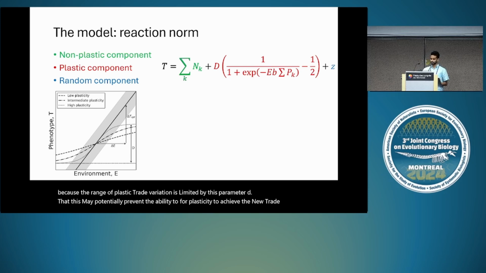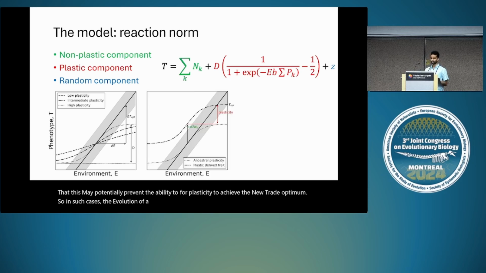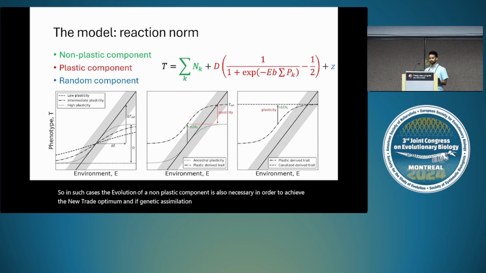So in such cases, the evolution of a non-plastic component is also necessary in order to achieve the new trait optimum. And if genetic assimilation occurs, then essentially plasticity is reduced. We again have a flat reaction norm, and it's just the non-plastic genes that affect the phenotype.